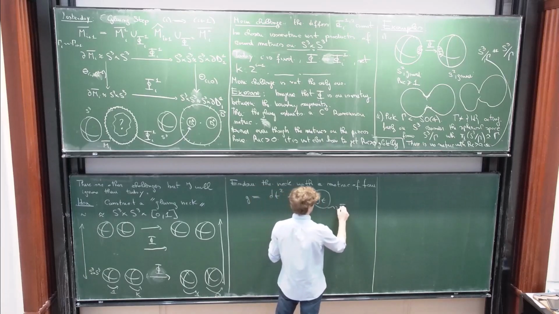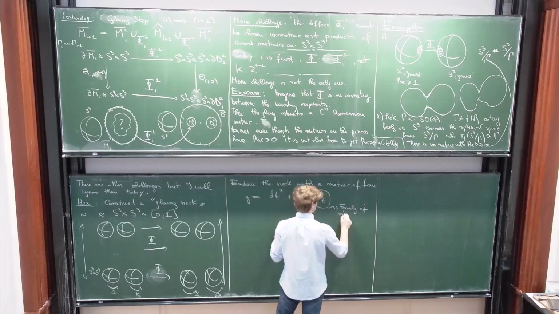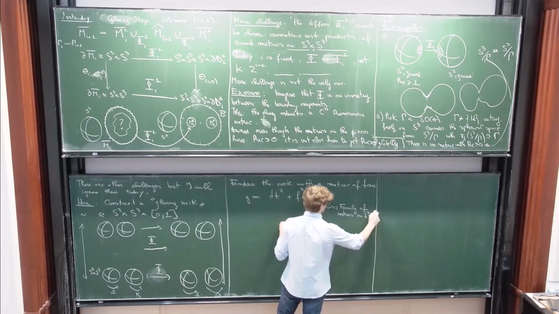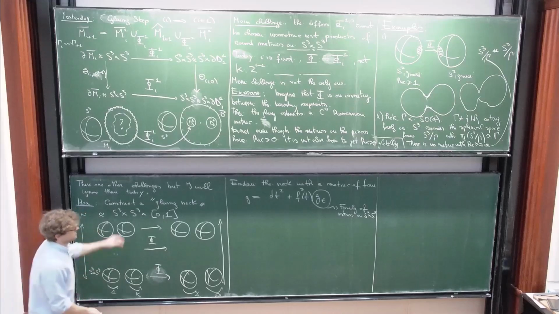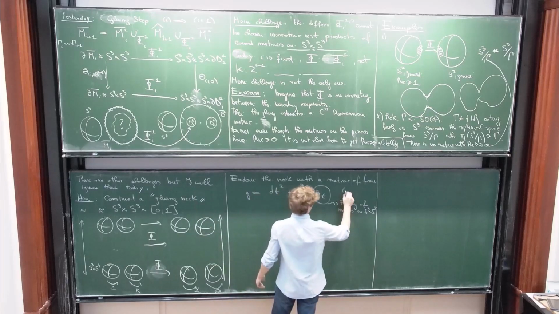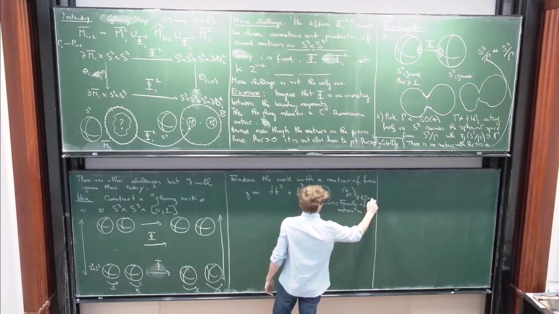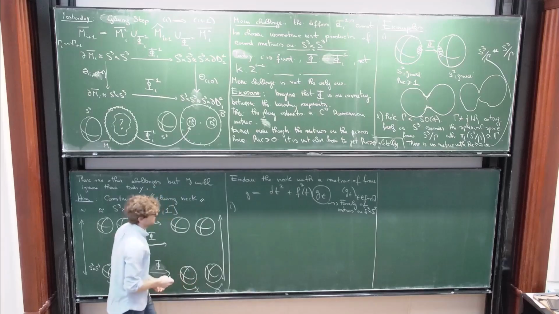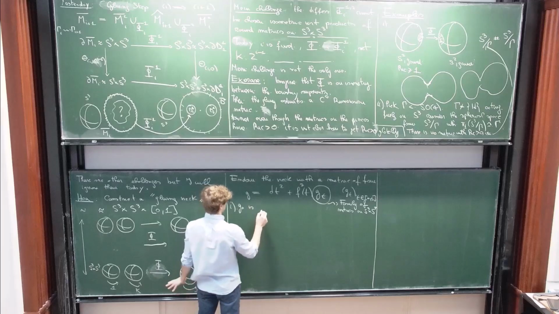So this is a family of metrics on S3 times S3. So these are the metrics on these time slices. And I would like this family of metrics, which is parameterized by (0,1), to satisfy the following properties. So I would like g_0 to be a product of round metrics.